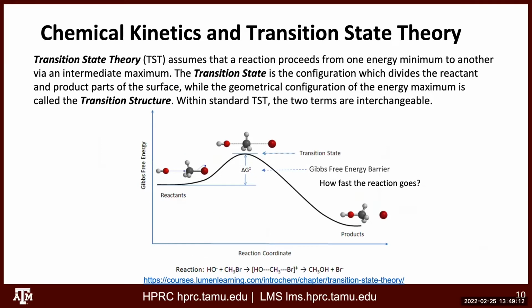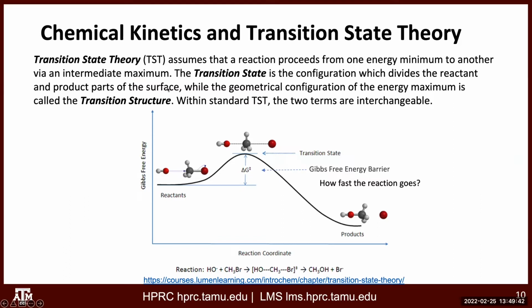And that has to do with chemical kinetics and transition state theory, because being able to find the transition state is essential for you to calculate the Gibbs free energy barrier. And knowing the barrier lets you know the rate, to predict how fast the reaction goes.